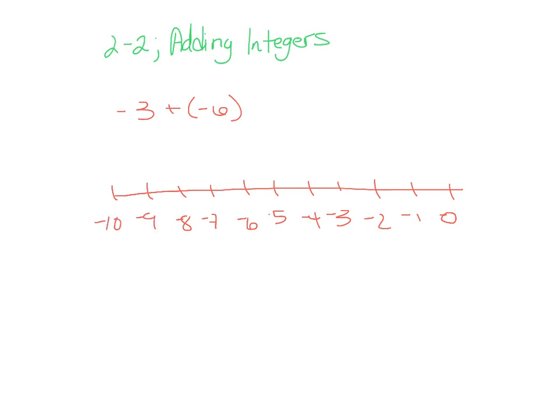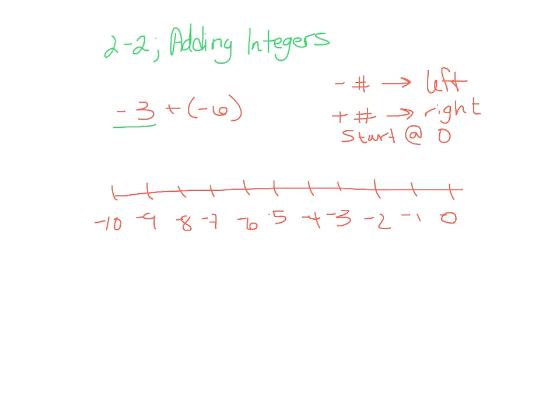Okay? So if we have a negative number, we are going to go left on the number line. And if we have a positive number, we are going to go right on the number line. And we are going to always start at 0.